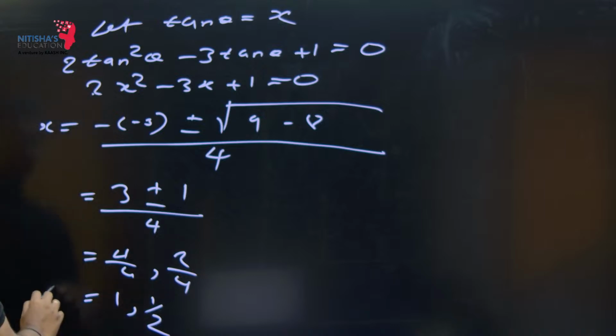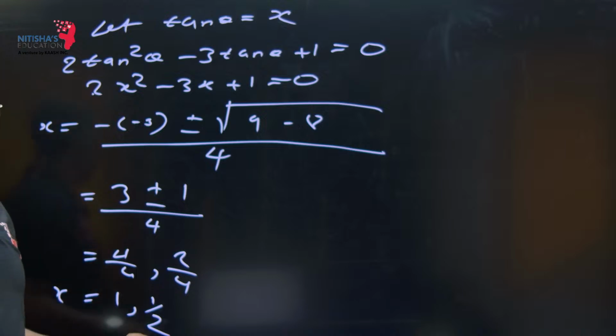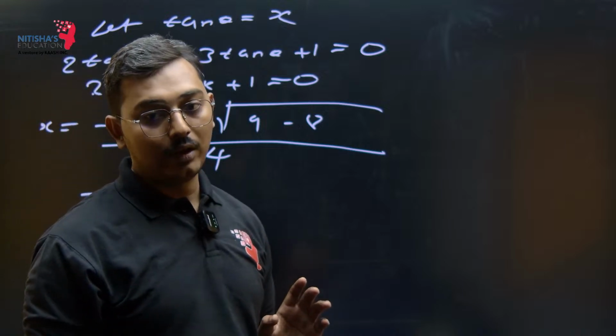Okay, so x is 1 comma 1 over 2. So what is x? It is tan theta. So tan theta is 1 comma 1 over 2.